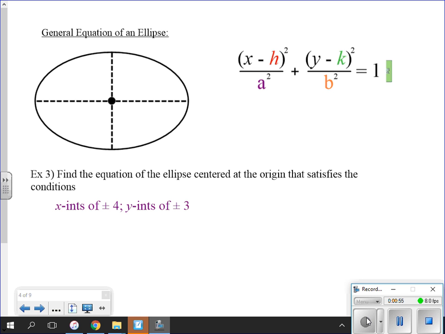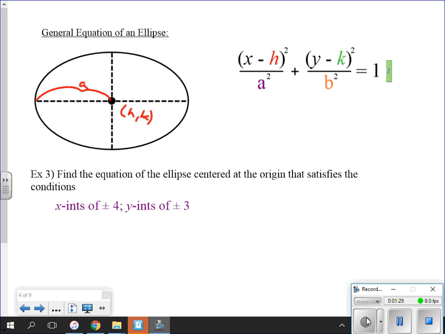The h and the k are still the same thing. H and k are the center of your ellipse. A is the distance along the x-axis, or along the x direction, from the center to a vertex, and it doesn't matter which direction you go.